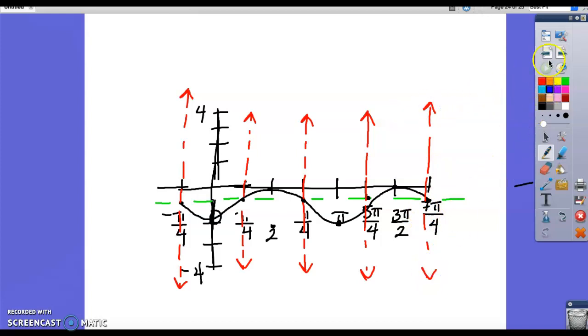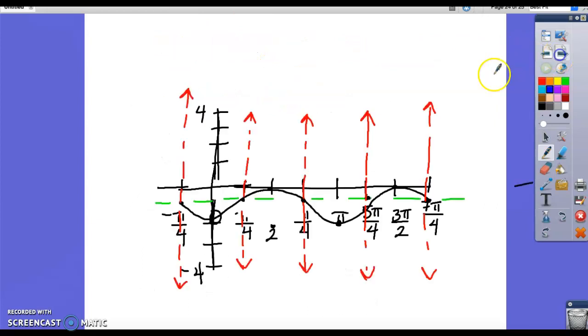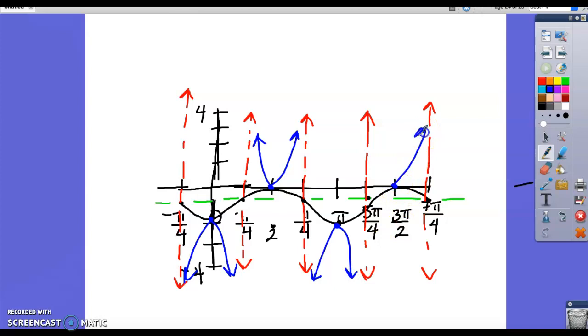And now I can graph the cosecant function. I have a point here, a point here, a point here, and a point here. And that is my function.